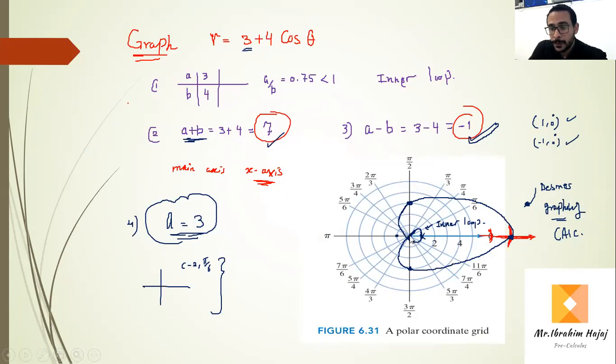So we move from the pole 7 units to the right, and the graph is stretched on the opposite axis, the y-axis or pi over 2, by 3 units, the value of a, and down 3 units. And the loop is inside this shape by the difference of 3 minus 4, which is -1. It's always an inner loop, meaning the loop is inside.